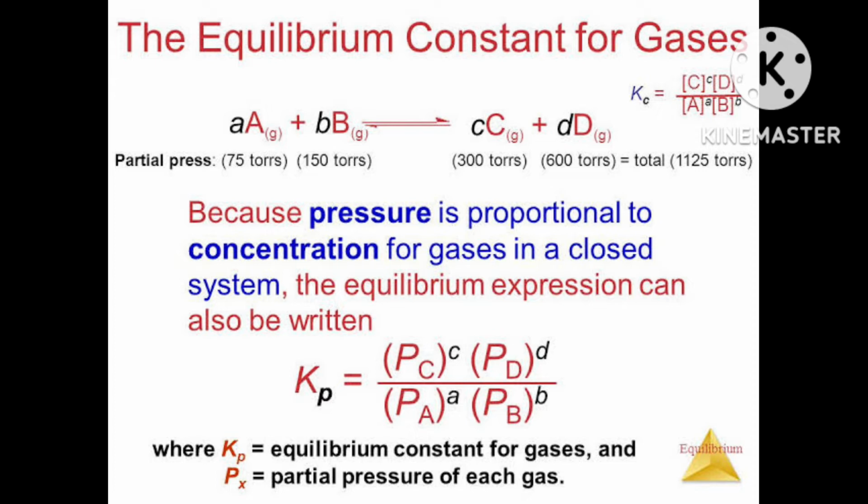Pressure will be in bar. Suppose pressure is in bar and concentration is in mole per liter, or mole per cubic meter. This expression you can tell in both ways.